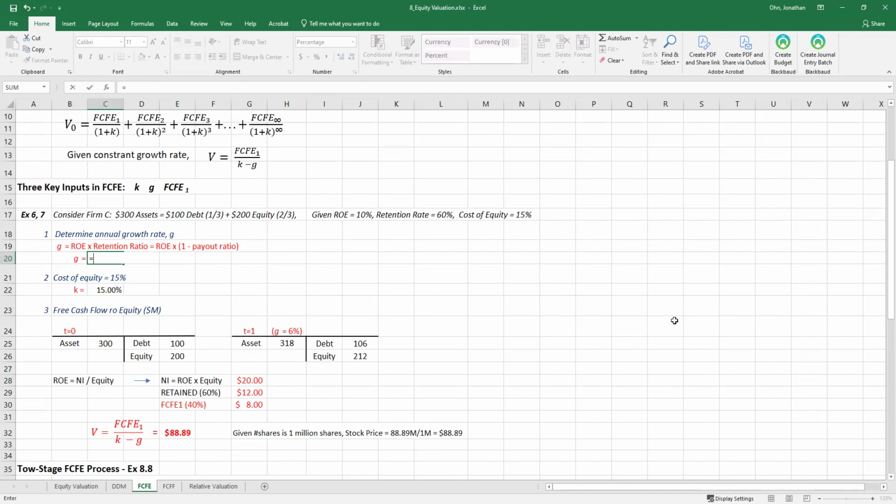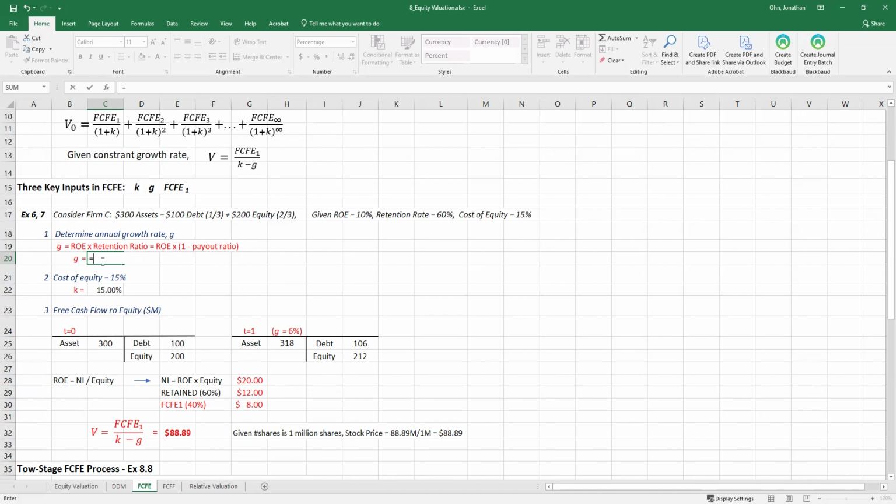Now, growth rate, again, let's use the sustainable growth. Return on equity is given information here. The company has 300 million in assets, including 100 million debt and 200 million equity. Return on equity is 10%, retention ratio 60%, cost of equity 15%.